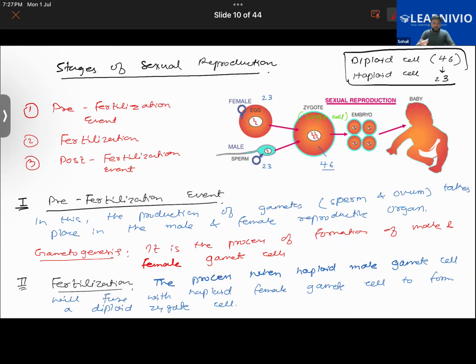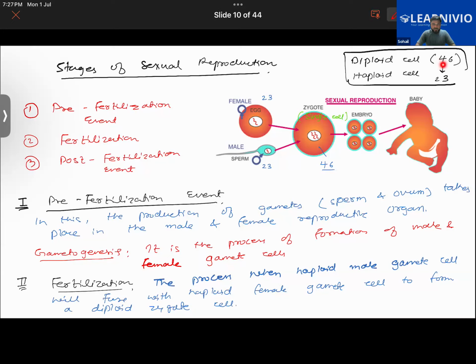Sir, can you explain pre-fertilization and haploid cells? Okay, let me first of all explain the haploid cells. In all the cells found in the different parts of the body, the number of chromosomes is 46.